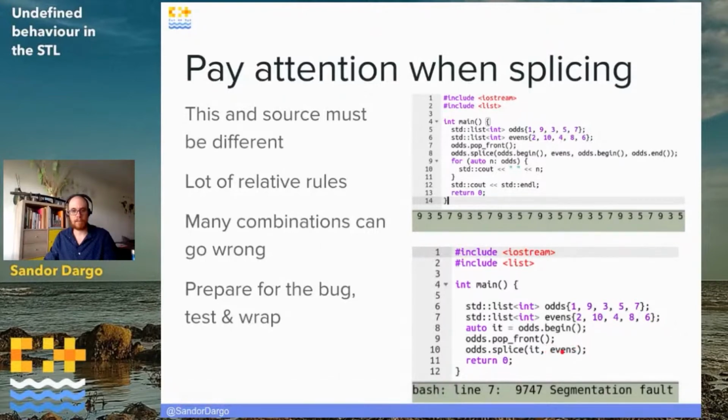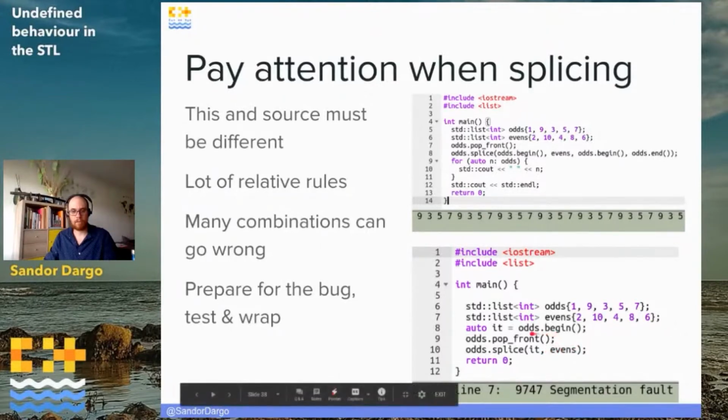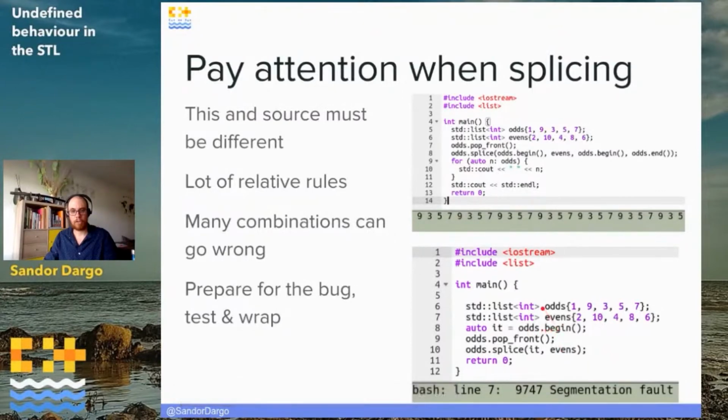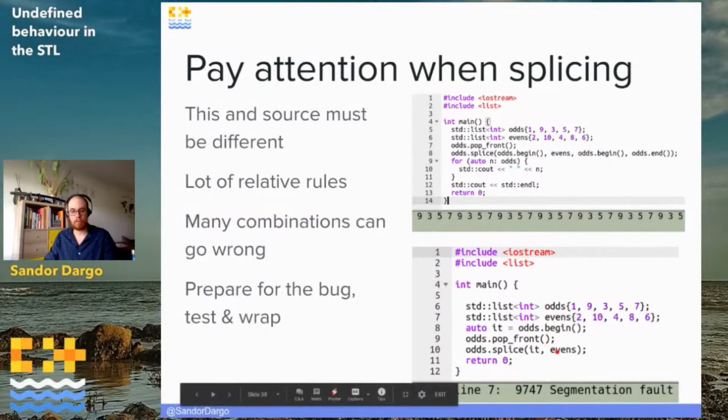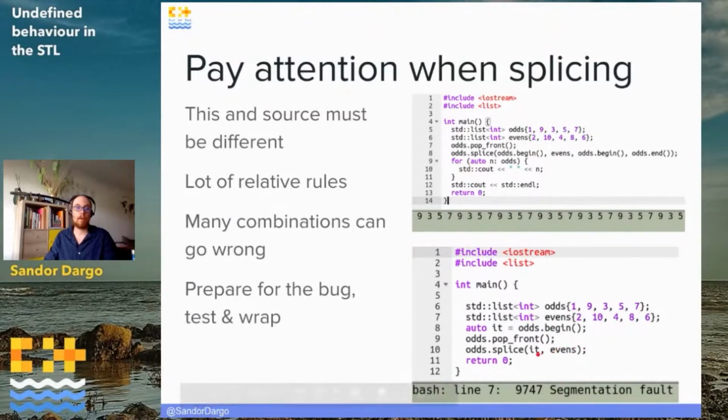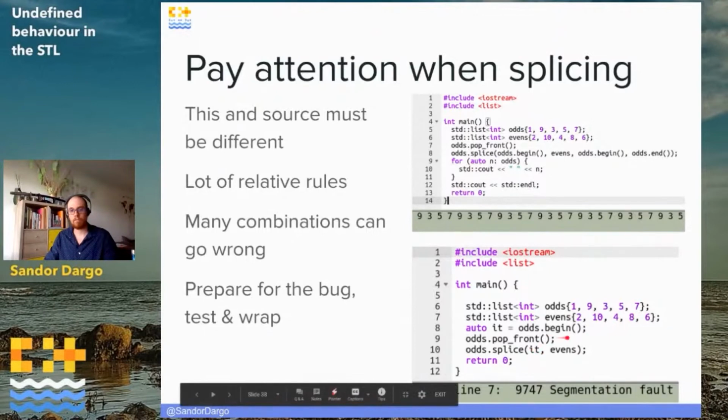We defined our iterator at the beginning of the odd numbers, and we want to insert all the even numbers before the odd ones. But in between, we invalidated the iterator by popping the first element, and that provoked the segmentation fault.